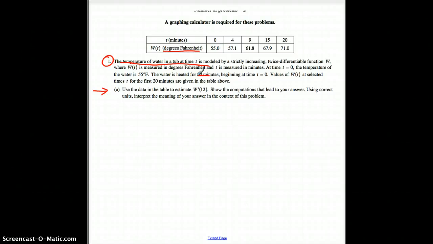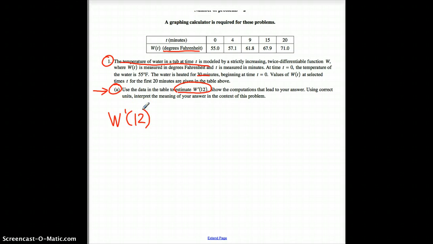And again, the chart doesn't go out to 30 minutes, and that's part of B and C, which I didn't screenshot in here. The only thing you guys are equipped to answer right now is this part A. But it says that you are supposed to estimate W prime of 12. Well, first of all, you need to know what that's asking you to estimate.